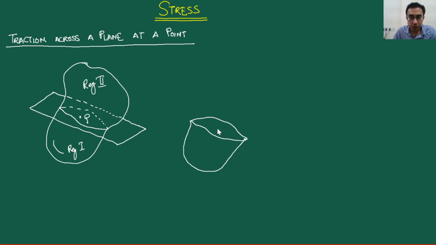I want to consider this region 1 with the point P exposed in it. So this is my region 1. And you understand that this region 2 will be very much present here. I am not concerned too much with region 2 now. It's something like this.